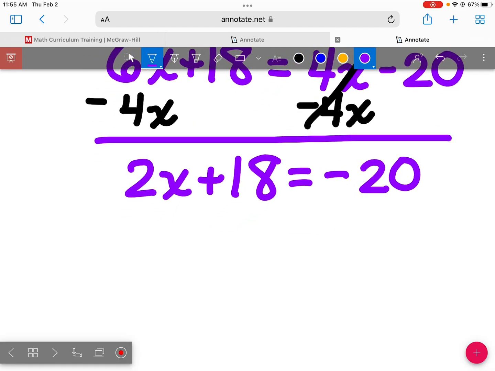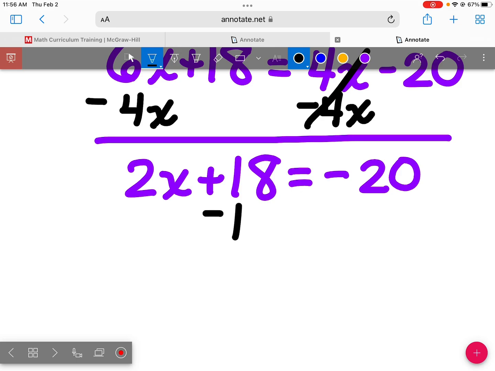I want to get the x all alone, so that means I need to get rid of that minus 20. How do I make a minus 20 cancel? Sorry, plus 20. Oh my goodness. It says plus 18 and minus 20. I want to get the x alone. It's over on the left right now. Minus 18, thank you. It helps if I look at the problem before I speak.